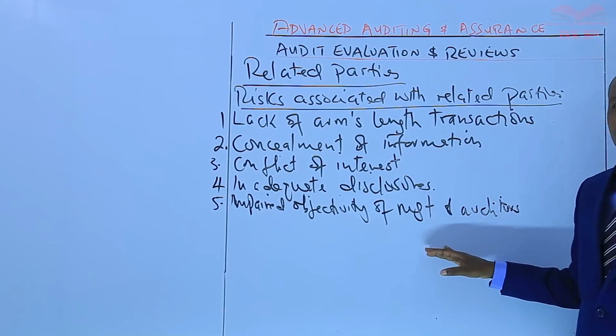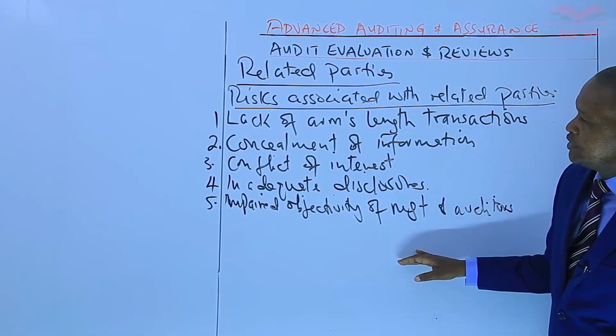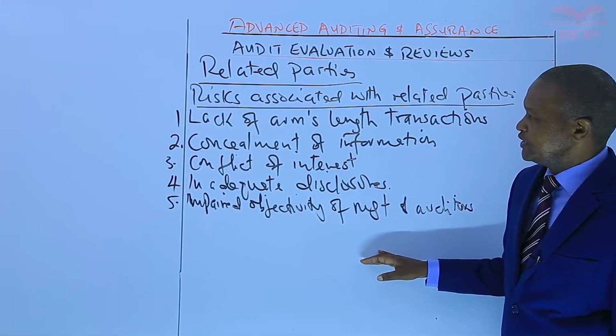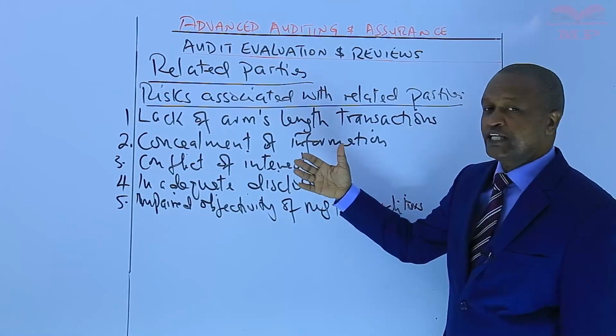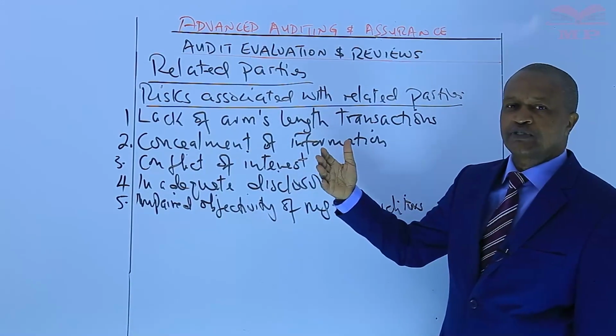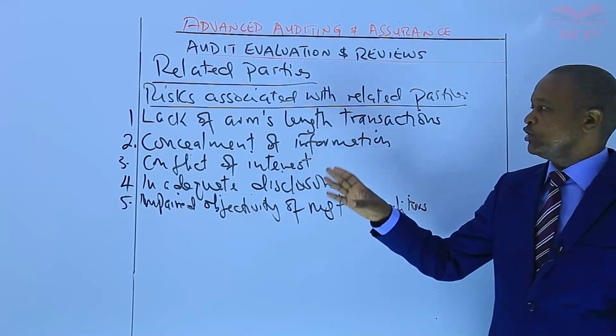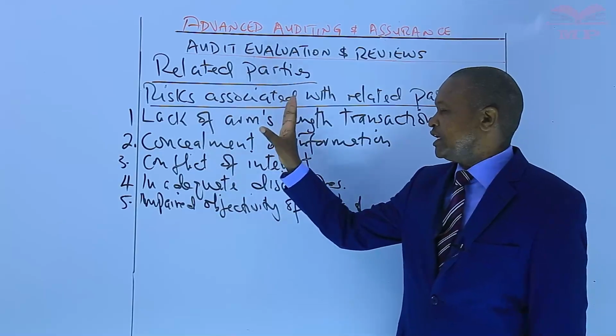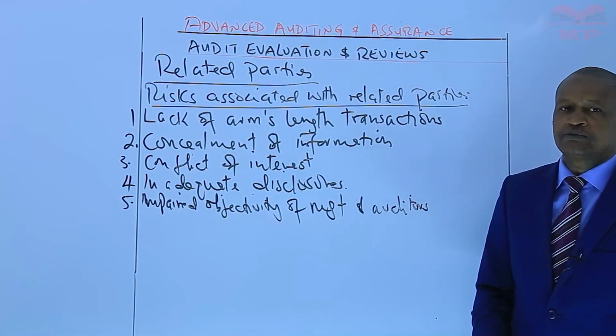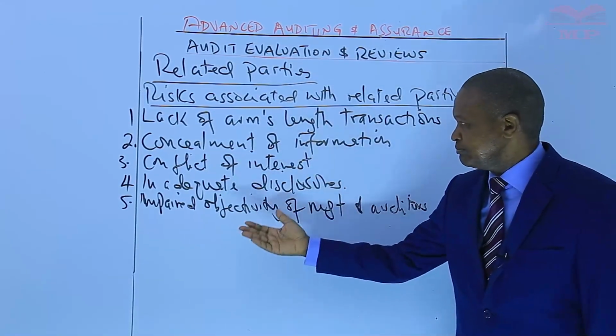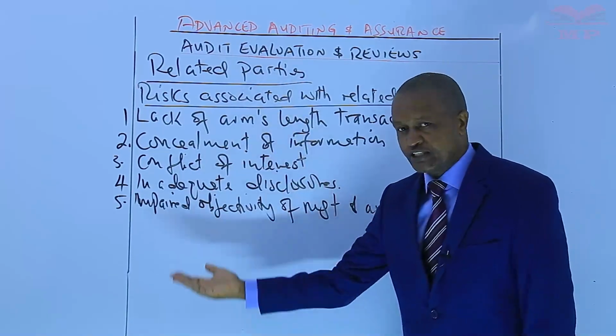Now we'll move on to discuss briefly ways in which these risks may be addressed. How should an auditor address these risks? How can these risks be mitigated or be addressed?